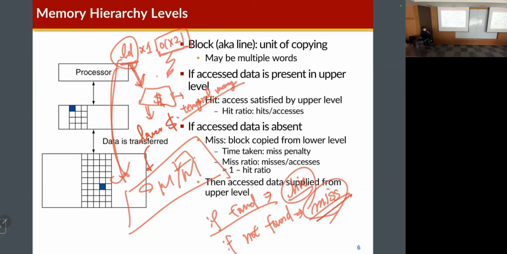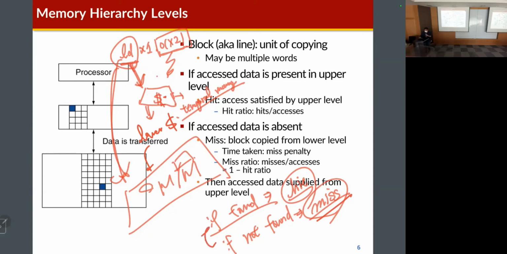This is the unhappy case because the data is not found in the higher level cache or memory, so we need to access the lower level memory, and it will take longer. The processor needs more cycles to fetch data from the memory, so it needs to wait, which means the cycles are wasted. It's an unhappy case.